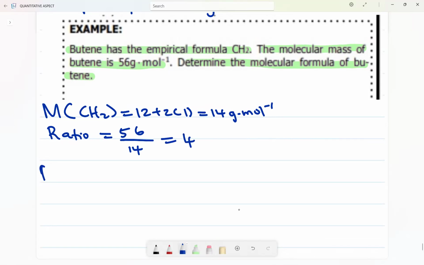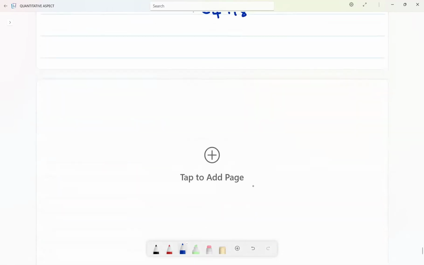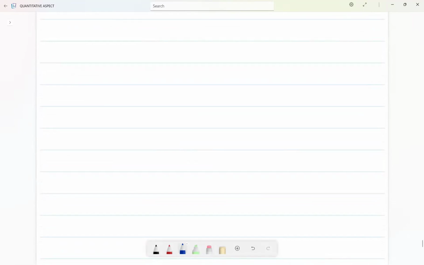Therefore, your molecular formula is 4 multiplied by my empirical formula, CH2, and you'll get C4H8. Okay, yes. Now let's look at the one that comes from an exam.